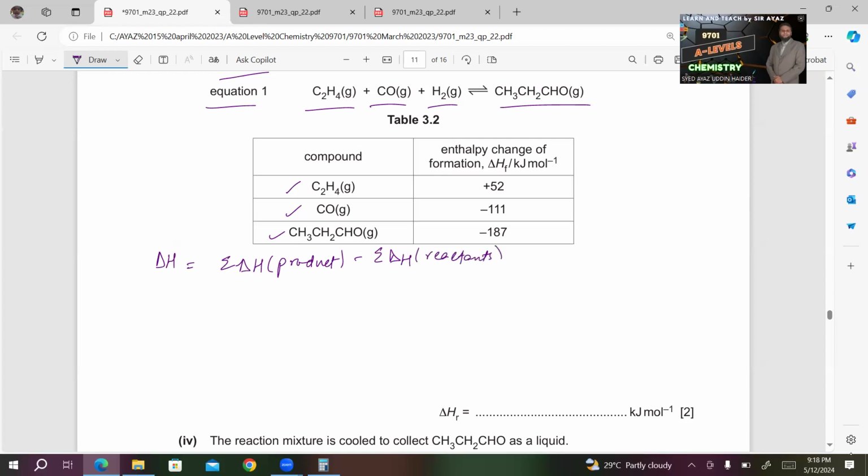So putting the values, the product side, what do you have? We have minus 187, minus, we have minus 111 for CO, plus for C2H4, 52. So the final answer must be minus 128.